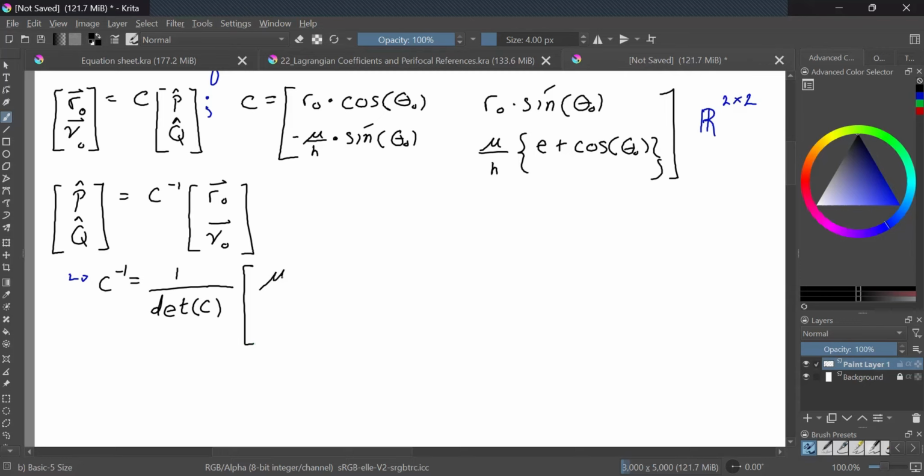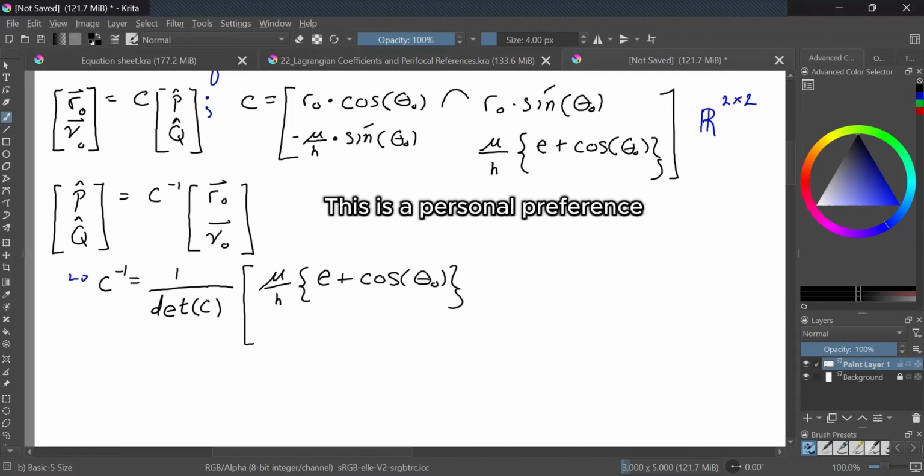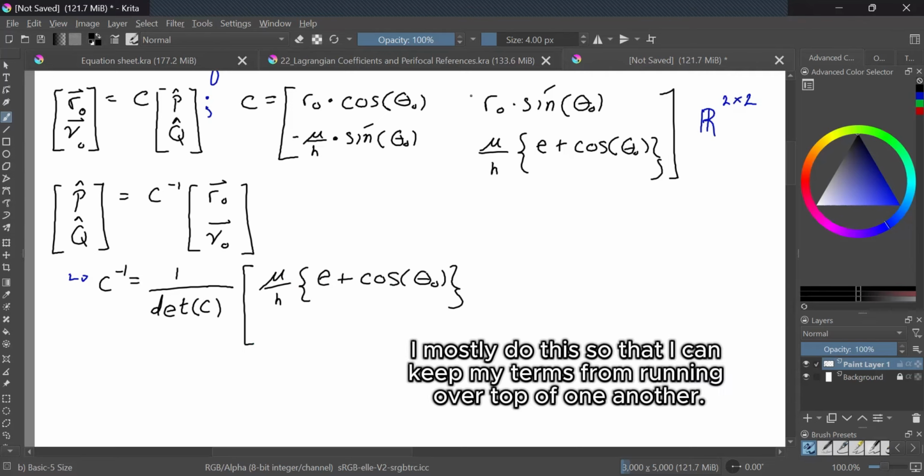That will be mu by h times the quantity of E plus the cosine of theta naught. Now, I like to write my matrices going down, and then I'll jump over to the next line, as opposed to how I would read across and then down. Small detail, but I declare it so that you hopefully can keep up with me.